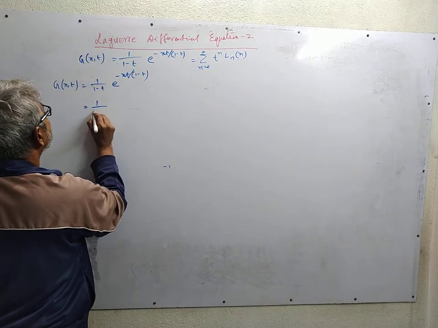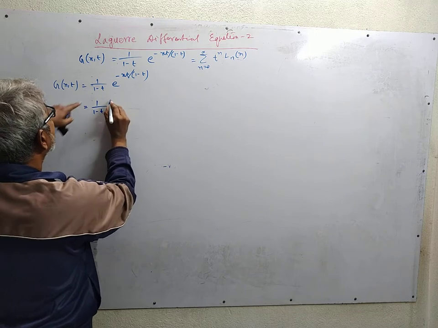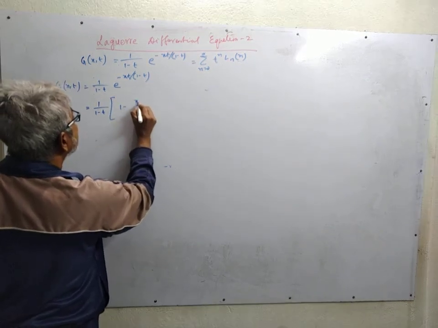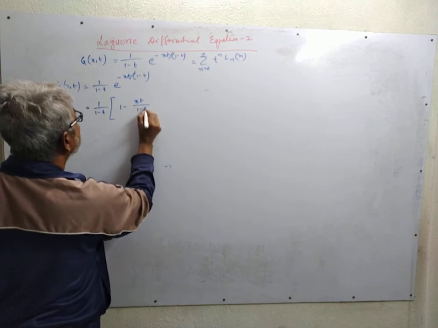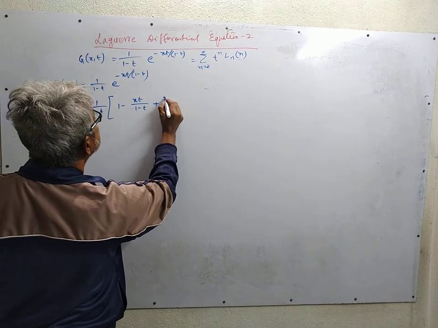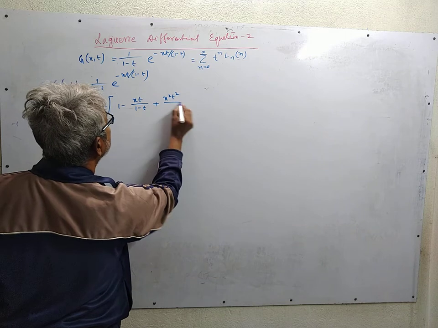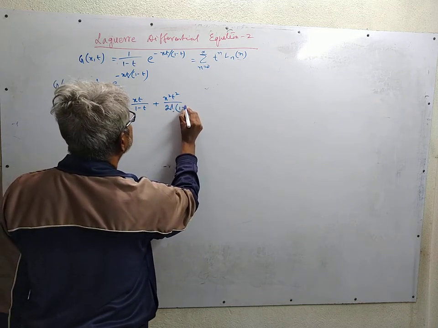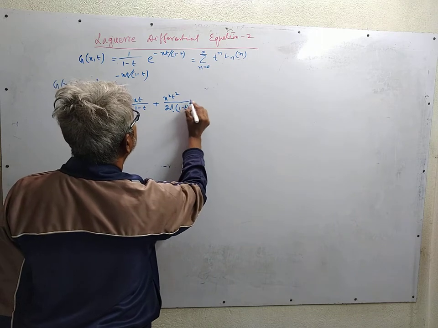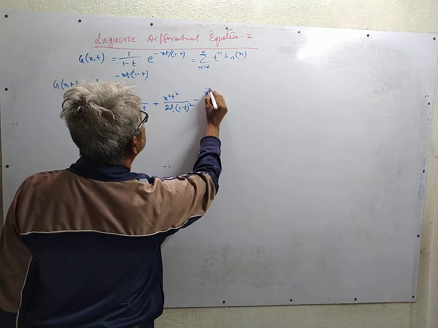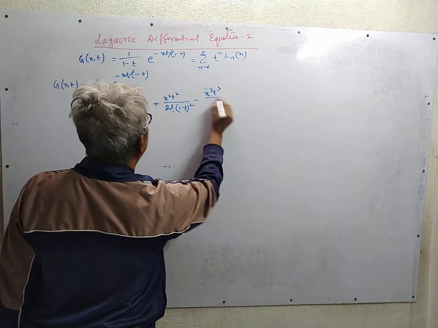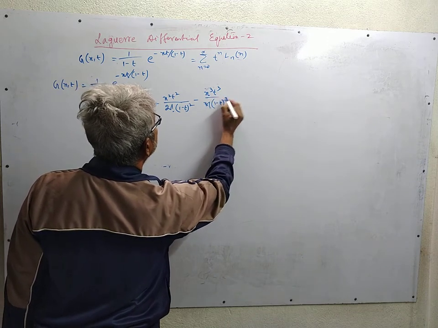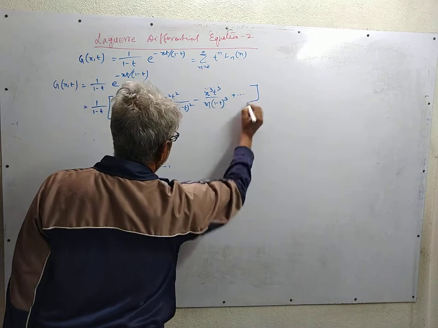This is 1 minus t, this part, and this part is 1 minus xt over (1 minus t), plus x square t square by factorial 2 over (1 minus t) whole square, minus x cube t cube by factorial 3 over (1 minus t) cube, plus higher order terms.